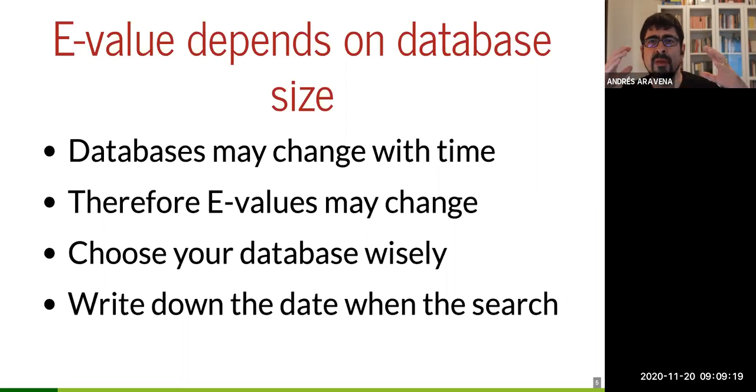In particular, when the database gets more sequences, the e-value changes. So in general, we want to use a small database that contains all the sequences that are important for us. And when you do the search, you should record what database you used and when you used it, because if someone wants to replicate it, they should test the same database.